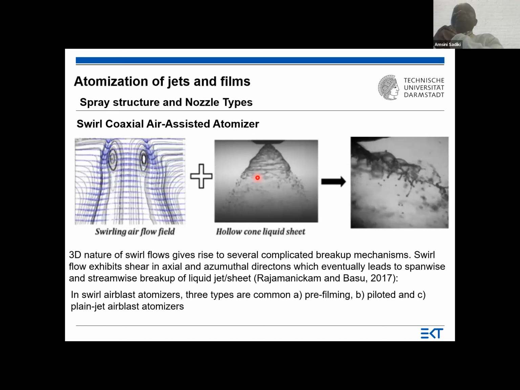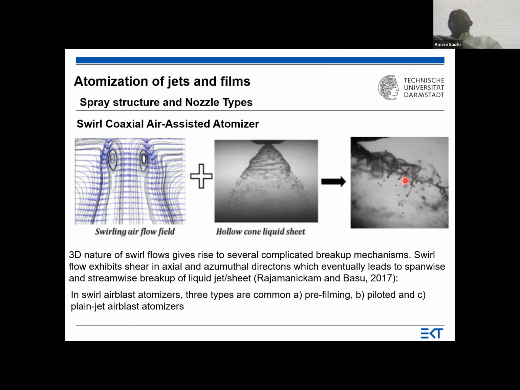For the swirl coaxial assisted atomizer, we have two phenomena. We have the swirling airflow, which is created within the nozzle, and we have the hollow-cone liquid jet, as we have seen, and this produces what we observe.